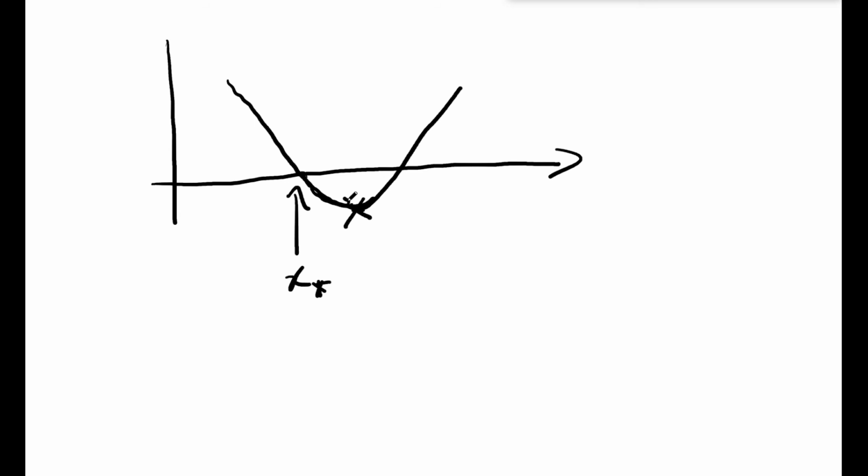If we start our Newton-Raphson at this point, if that's our xn, then of course the gradient is just 0. So it's going to go off in either direction, it's going to diverge, it's not going to find that root. That's an extreme example, but it's a case worth bearing in mind.